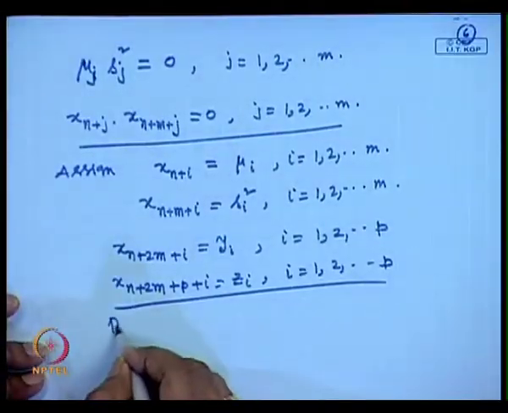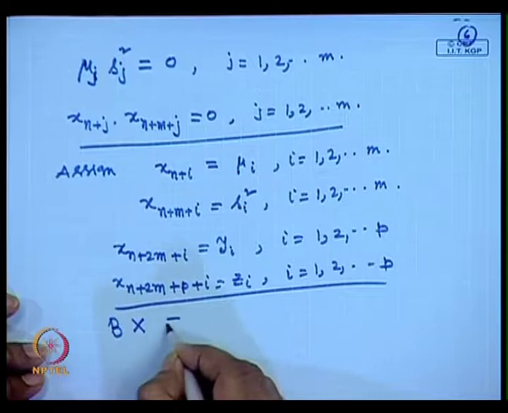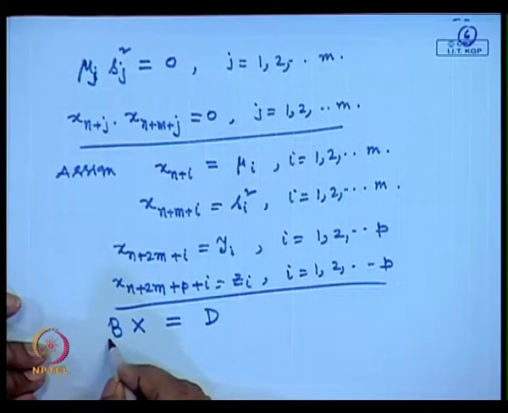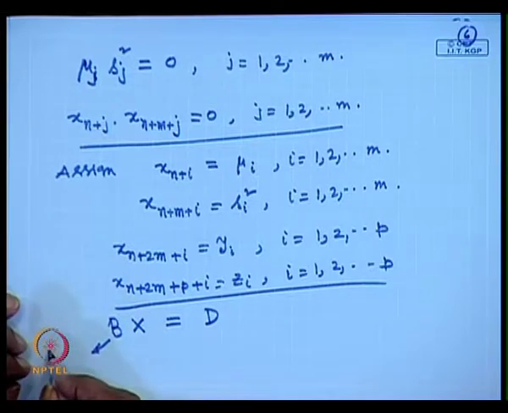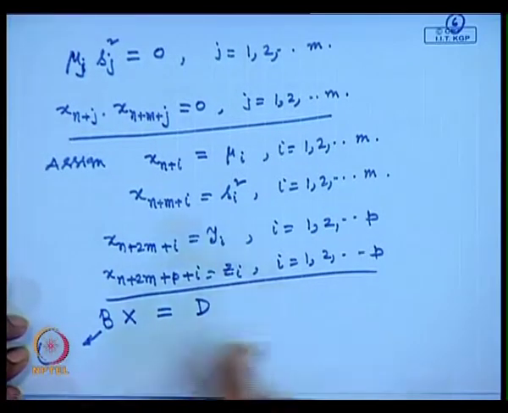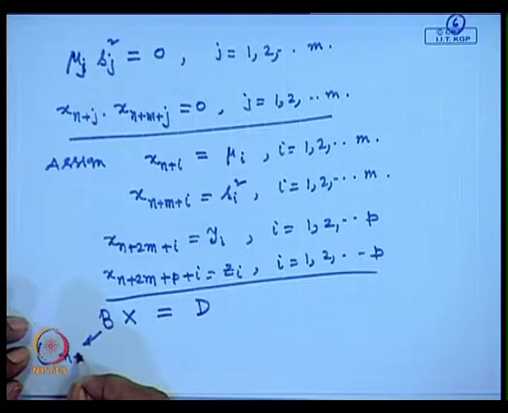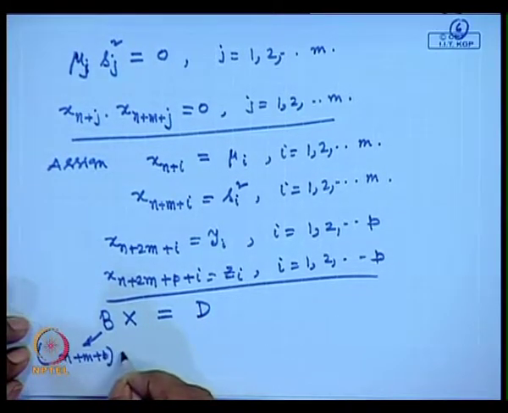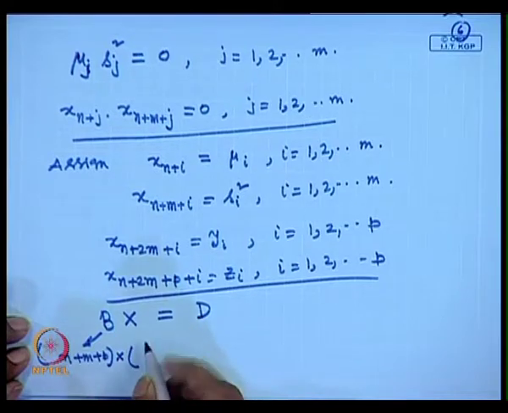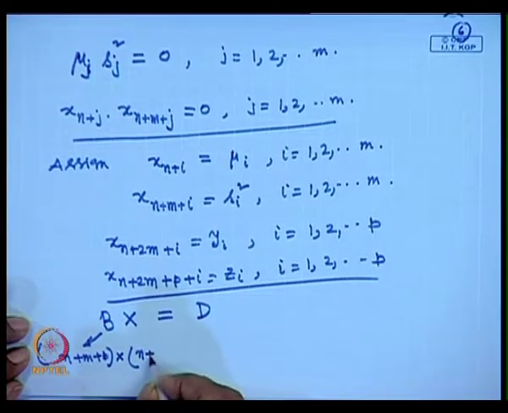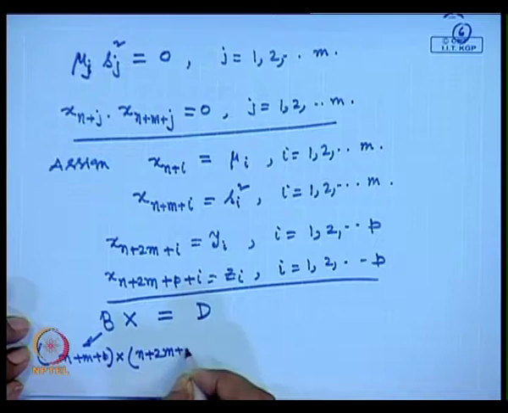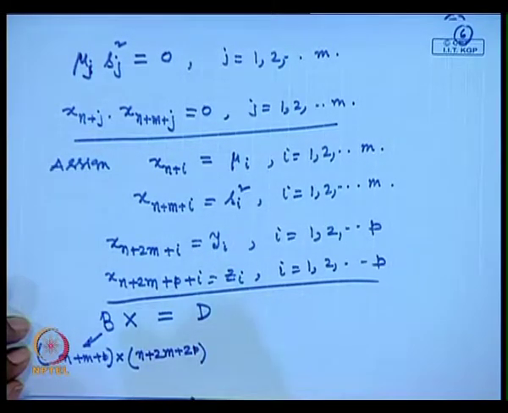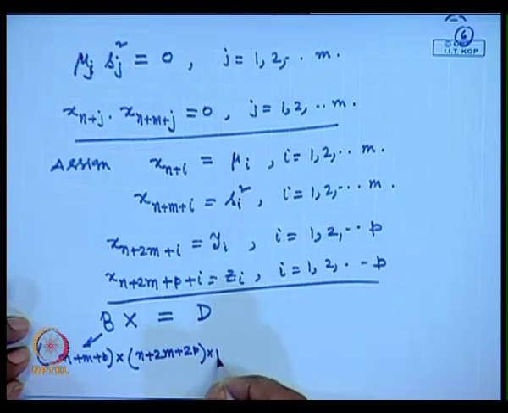So, recall this equation, B into x is equal to d, okay, and this dimension I have just mentioned earlier also. This dimension is n plus m plus p, multiplied by n plus twice m plus twice p, into 1.